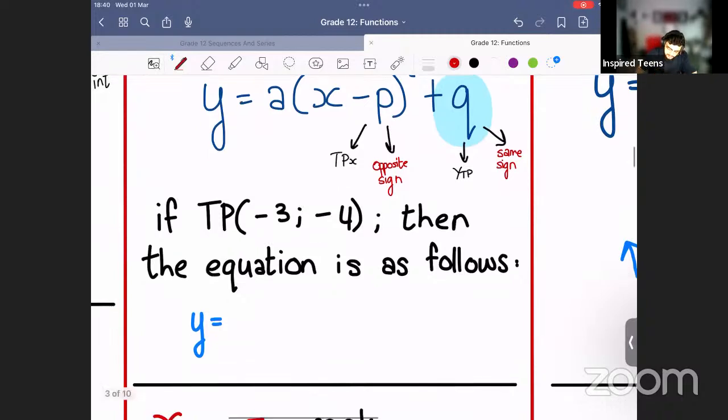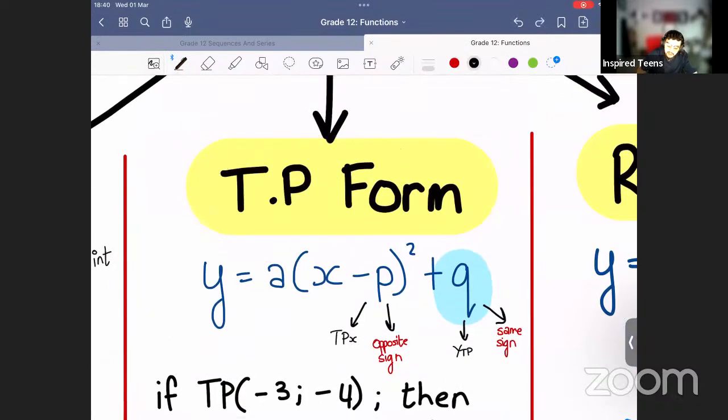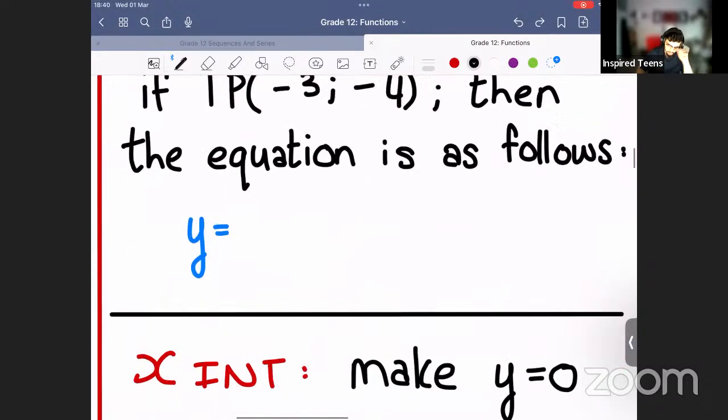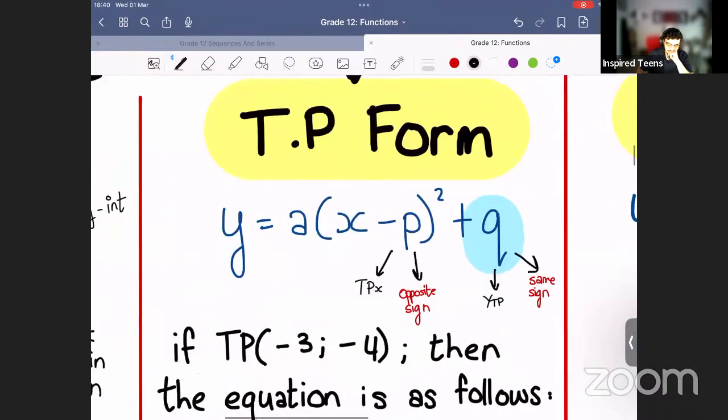So we're going to write it in what is known as turning point form, because turning point form is the form in which the equation is written with the turning point. So we have y is equal to a, open brackets, x minus p.